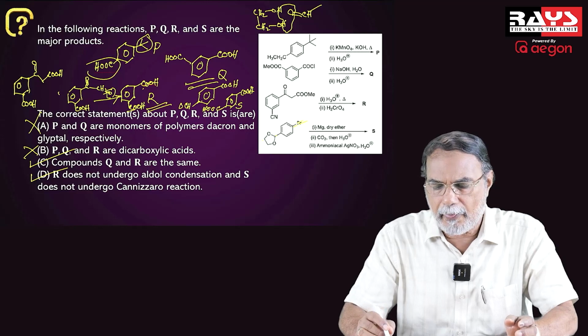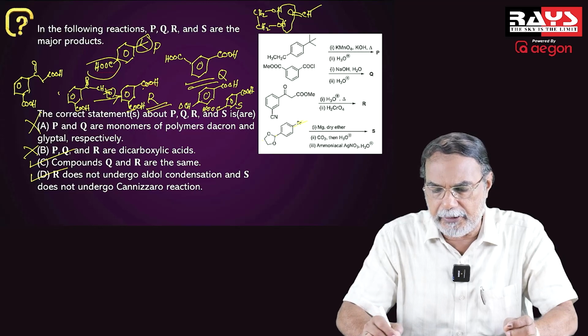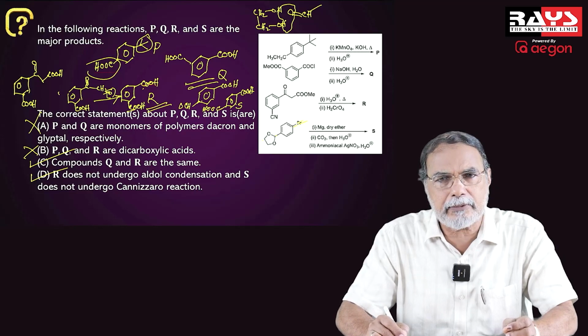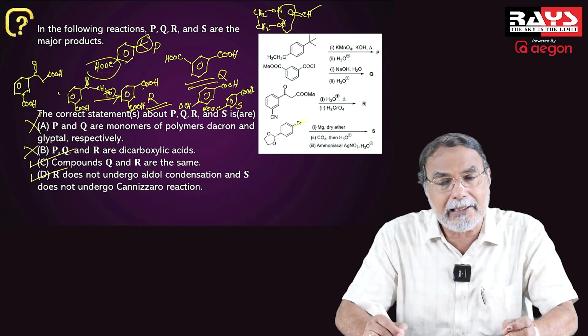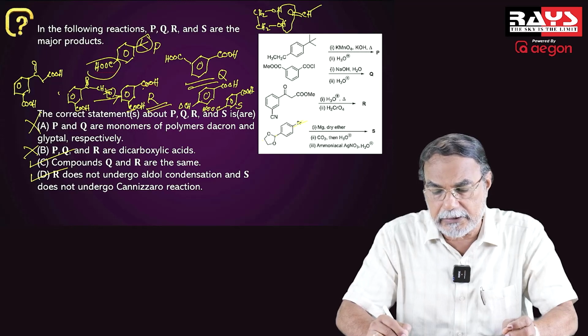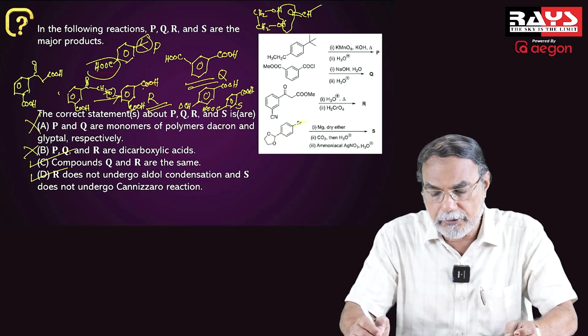And of course, the fourth reaction here may slightly sound difficult because one has to see that this group is the cyclic acetal of the aldehyde group with ethylene glycol. So this group undergoes a hydrolytic cleavage, forming the aldehyde group back.